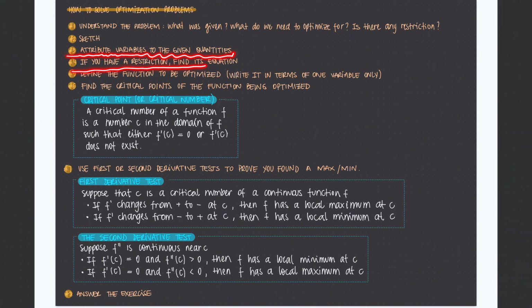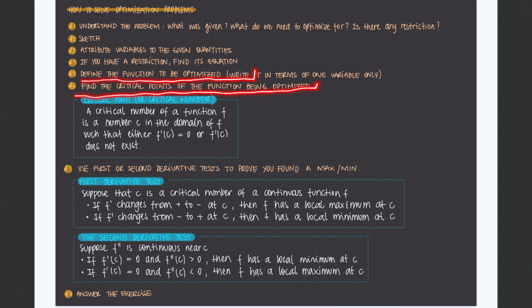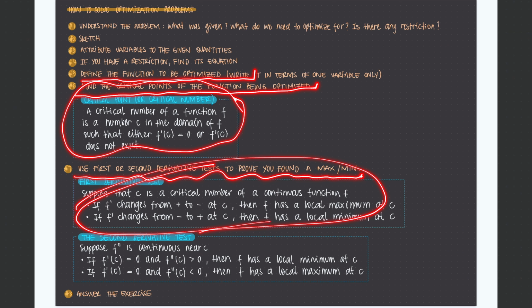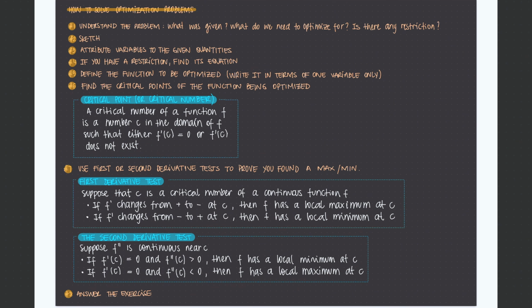There could be a restriction, and if there is, we need to deal with it. We define the function to be optimized, differentiate it, make it equal to 0, find the critical point, then check if it is actually a min or a max by using either the first or the second derivative test. And lastly, we answer the exercise. So if it's asking, for example, for the total cost, we calculate the total cost.